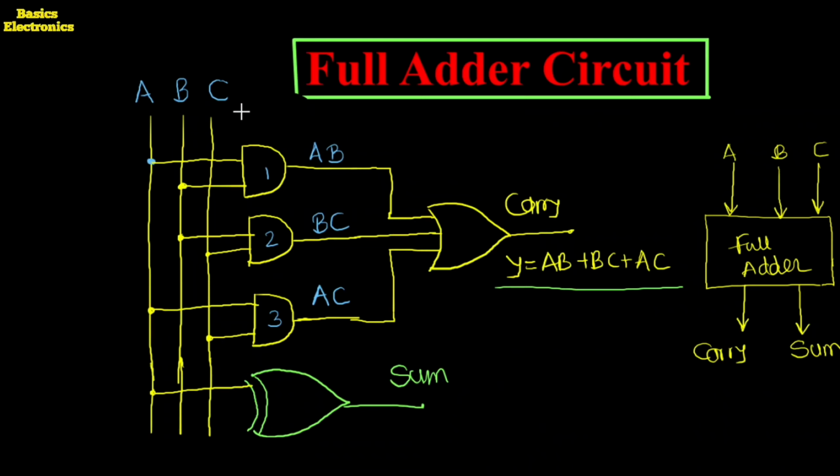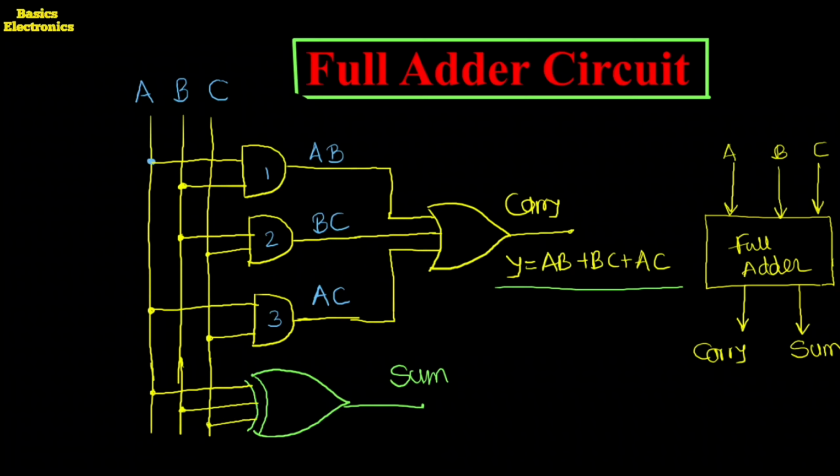Okay. So here I am going to apply the inputs to the XOR gate. The first input is the A input, second input is the B input, and the third input is the C input. First input is the A, then second one is the B input. Here is the B input available, and the third one is the C input.